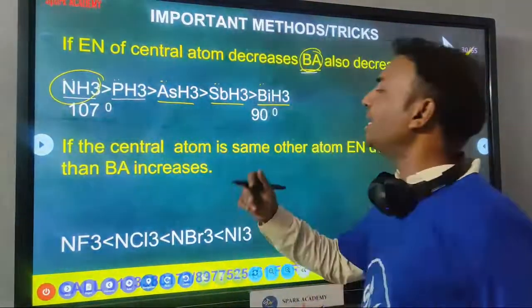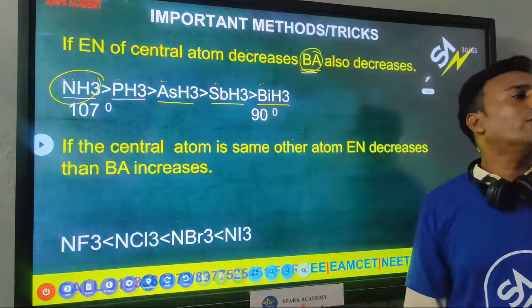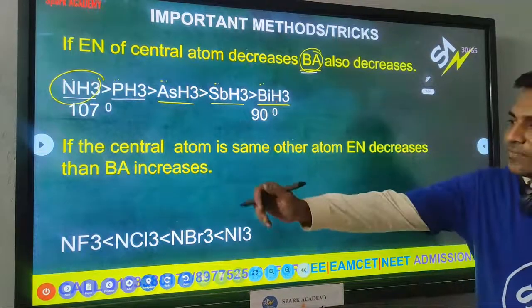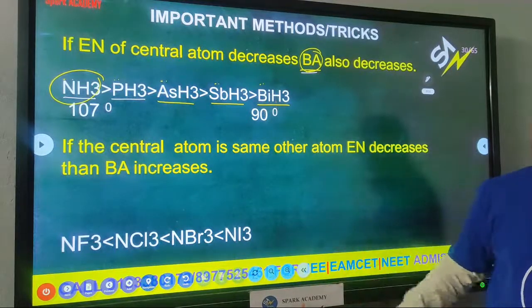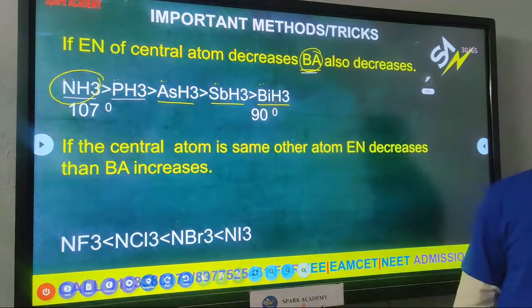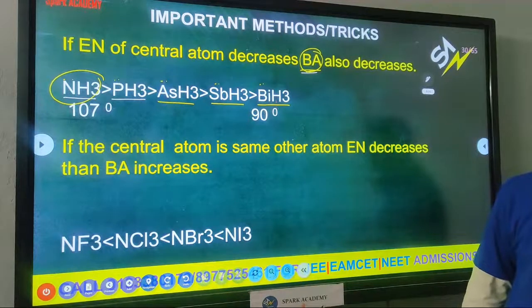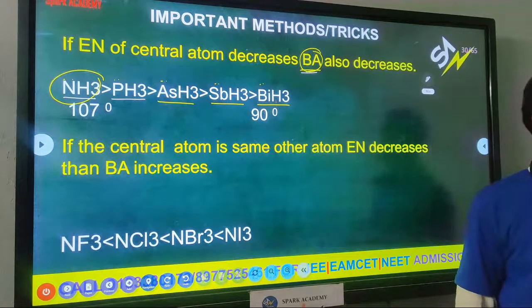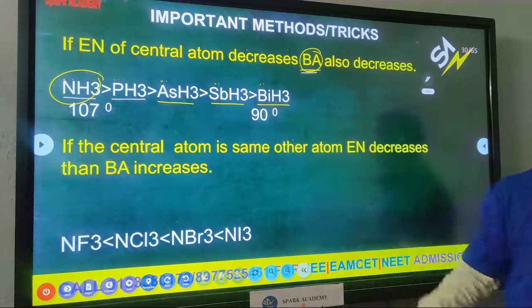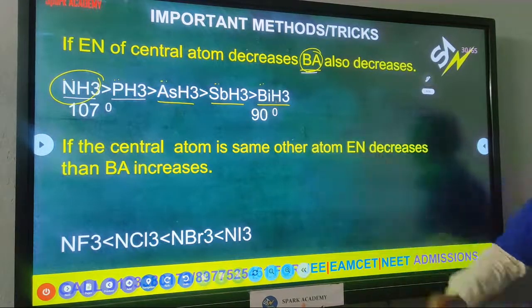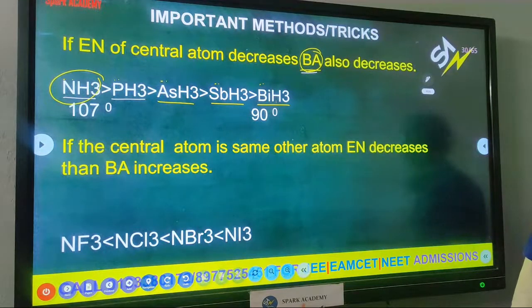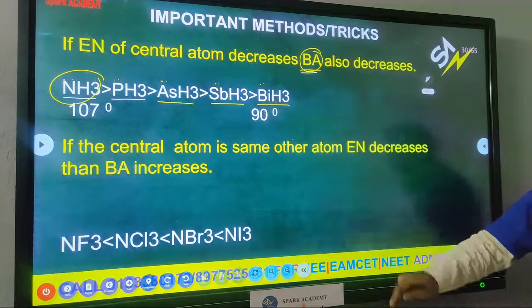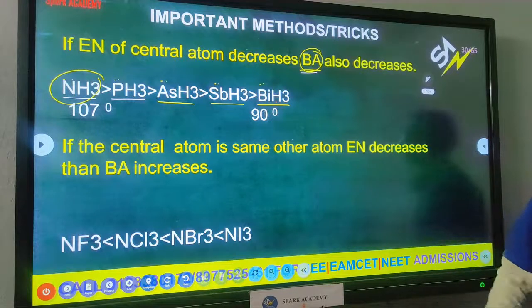If the central atom is the same, then what do we have to do? See the example NF3, NCl3, NBr3, NI3. The central atom is the same. What is the central atom here? Nitrogen. If the central atom is the same, the electronegativity of the other atom decreases: fluorine, chlorine, bromine, iodine.